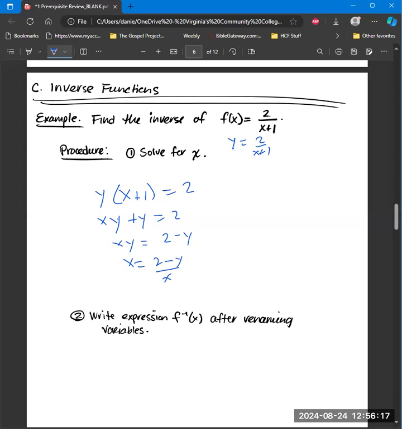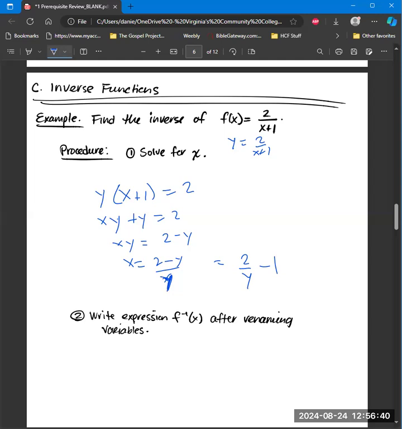Or you can write that as 2 over y minus 1. Same thing, split them up over the common denominator like that.